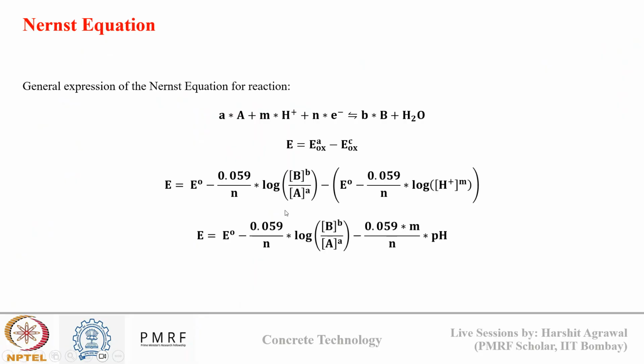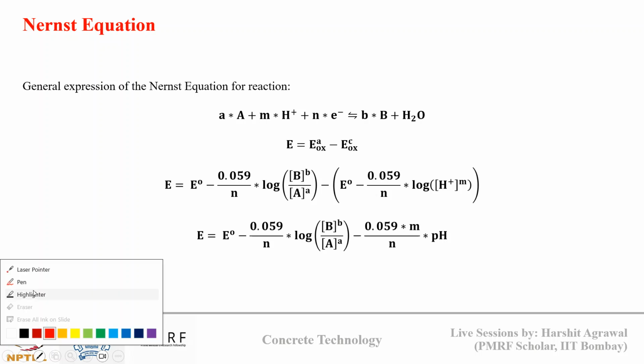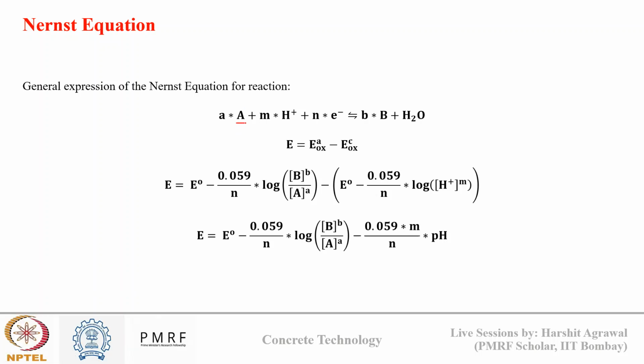Now for any general electrochemical reaction, if I want to write the Nernst equation, I have a product A which is converting into B, and H+ ion converting into H2. So my electrode potential equation will be nothing but oxidation of A minus oxidation of C. So this is my anode and this is my cathode. Or I can write it as oxidation at anode plus reduction at cathode.